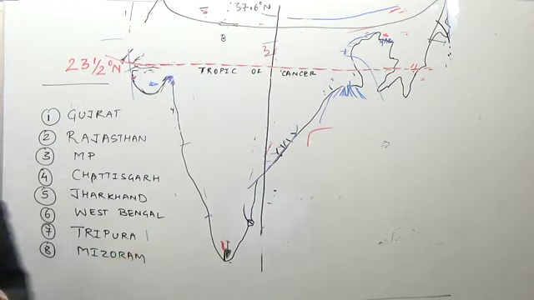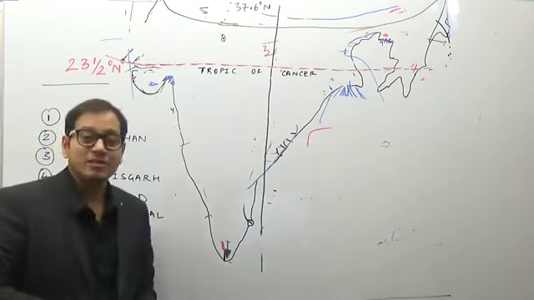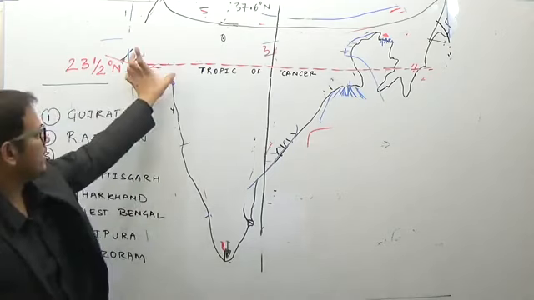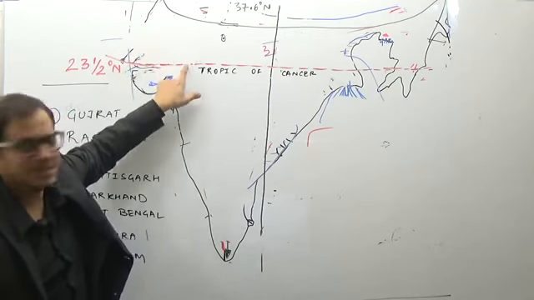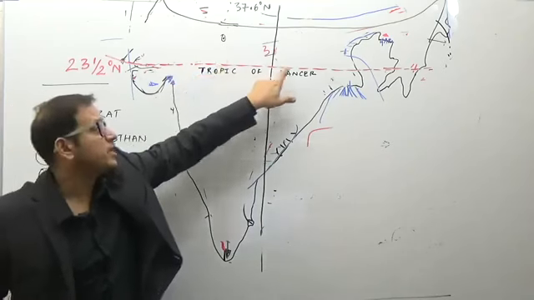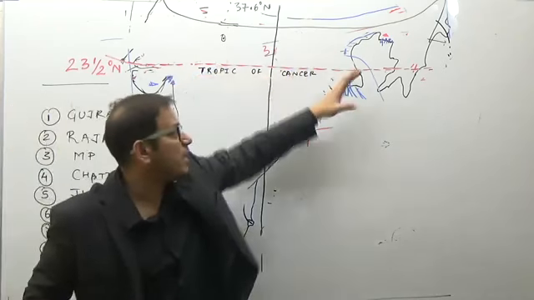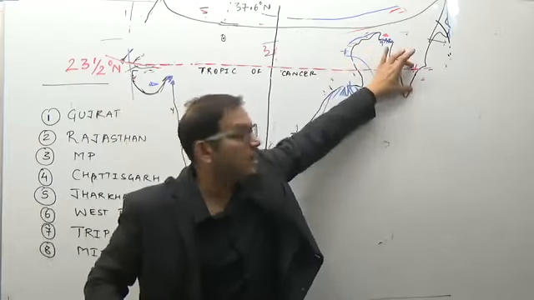So the Tropic of Cancer passes through the state of, revise with me, very simple to remember. What is this state? Gujarat. What is this smaller part? Here you can see there is a smaller part of Rajasthan. MP के बाद Chhattisgarh, उसके बाद Jharkhand. After that, this part itself is West Bengal. This part is Tripura and this part is Mizoram.